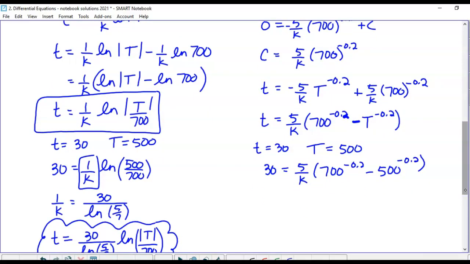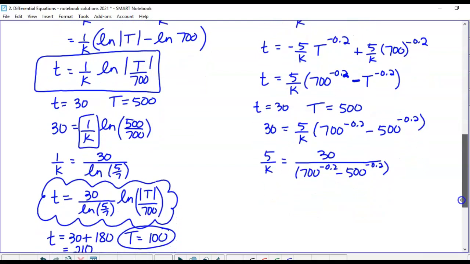So really, 5 over k, because we want to put that back in here. Might as well just solve for that. Okay, and then substitute it back in.